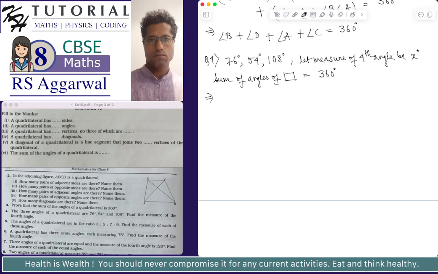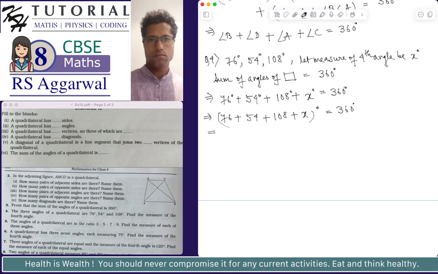So we know that the sum of the angles of a quadrilateral is equal to 360 degree. So we must have 76 degree plus 54 degree plus 108 degree plus x degree is equal to 360 degree. This implies 76 plus 54 plus 108 plus x, this much degree is equal to 360 degree.